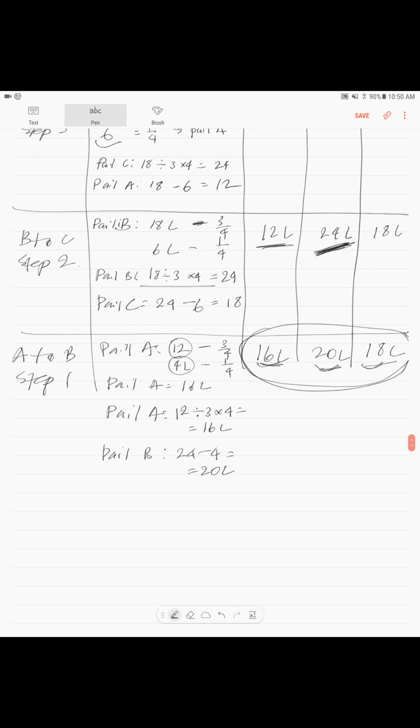So you can write it as a sentence: pail A had 16 liters, pail B had 20 liters, and pail C had 18 liters. That's it. All right. See you in chapter 6.